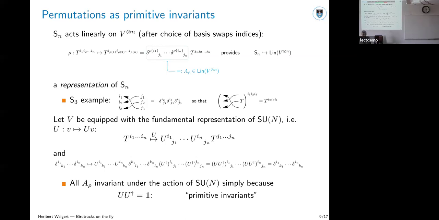But since this is SU(N), u u dagger is the unit matrix, so what you get back is the Kronecker delta. This shows you that these linear operators on the tensor space are, in fact, invariants under SU(N). And because the reason is so simple, they're called the primitive invariants. This is not rocket science. This is just being able to play with tensor indices properly.